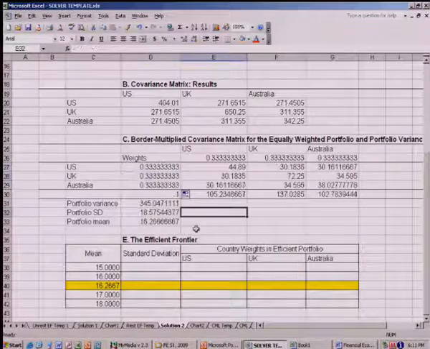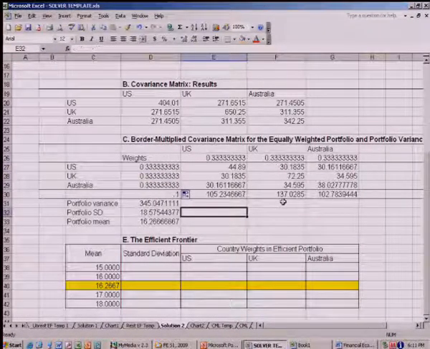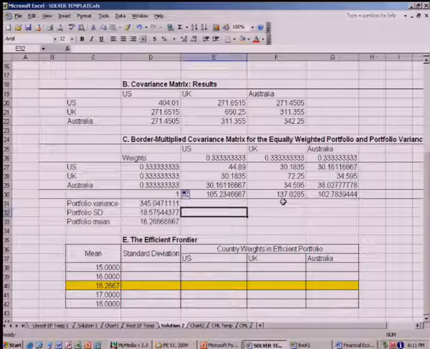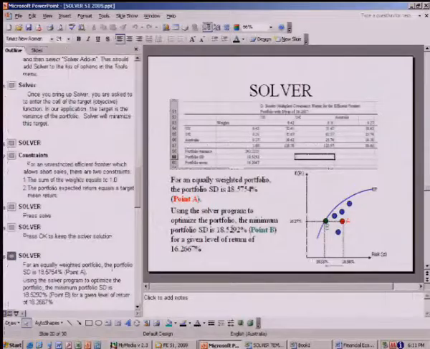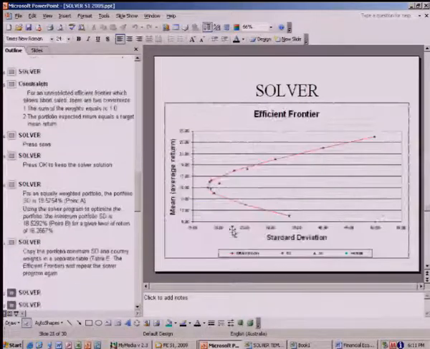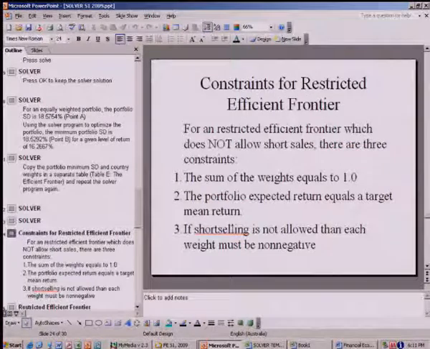And this is basically back to the equally weighted portfolio that we just calculated a few minutes ago. Now, if I want to construct the restricted efficient frontier, we have a third constraint that we need to include.